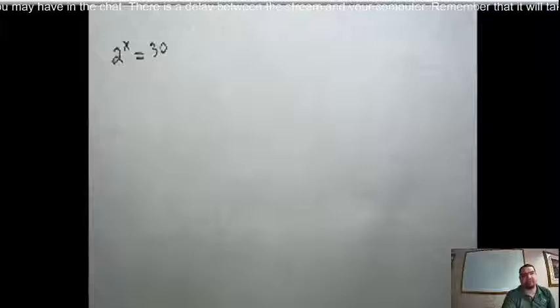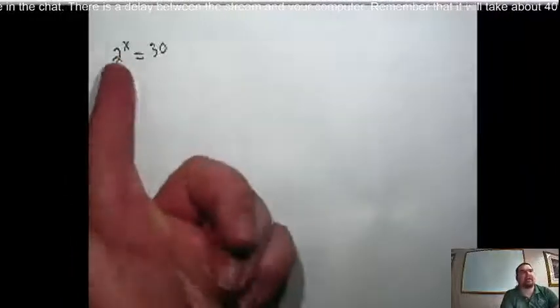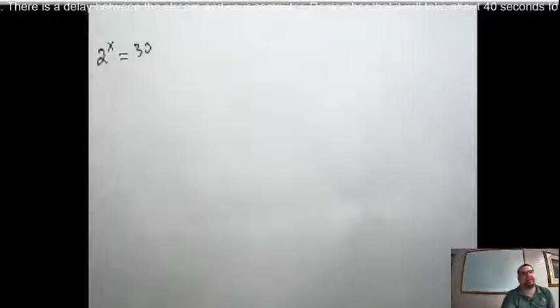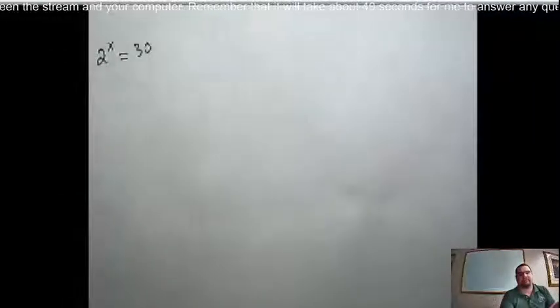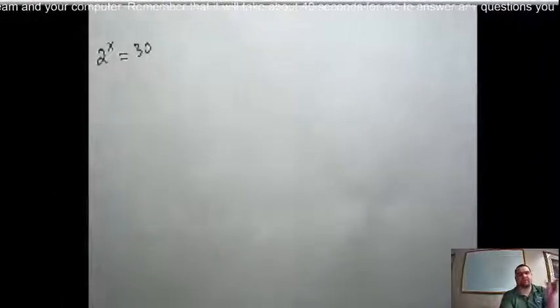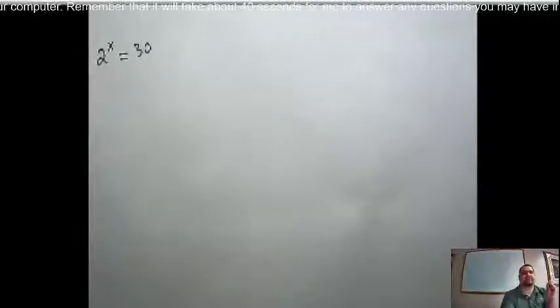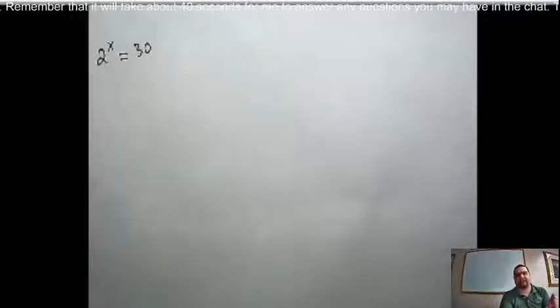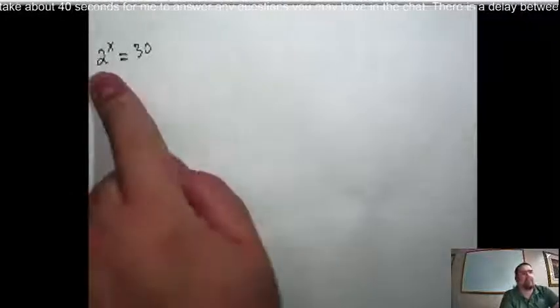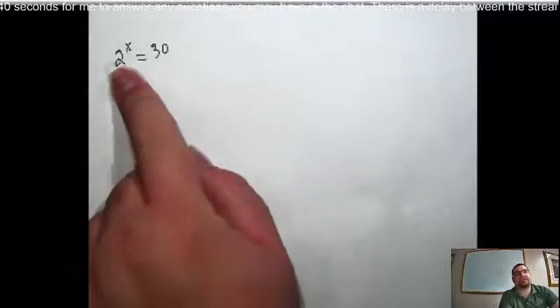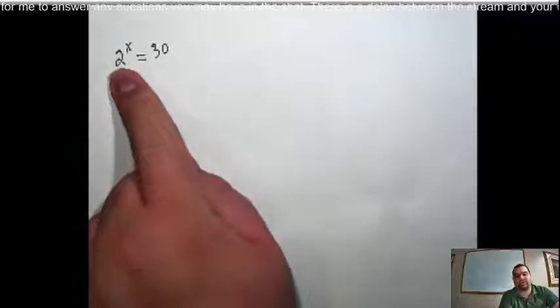So if we have an equation, particularly like this one, where we have x in a power slot like that, we want to get x out of that slot. So we can do the log of both sides. Now we have to define what our base is anytime that we do that. With an example like this, probably a good idea to use base 2.